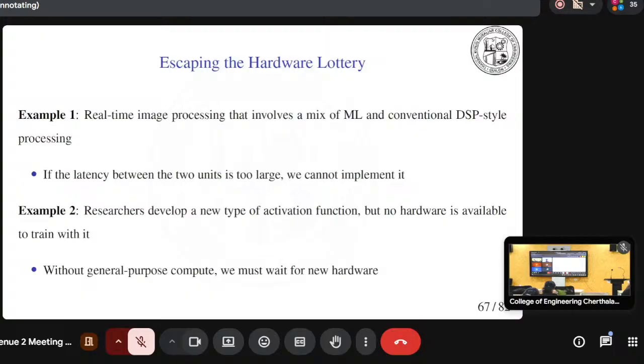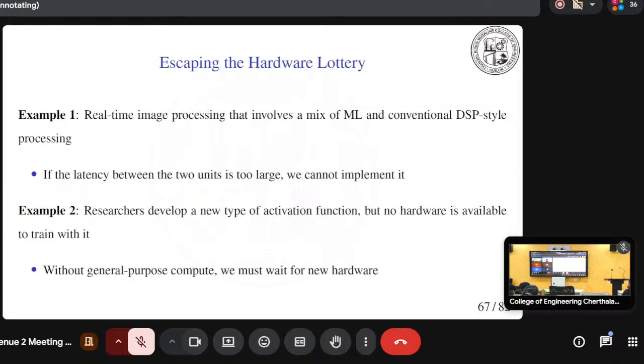Okay. So how to escape the hardware bottleneck? I have two use cases, which are very prominent in current research. The first thing is real-time image processing that involves a mix of ML and conventional DSPs. So how will the latency of these two things be?